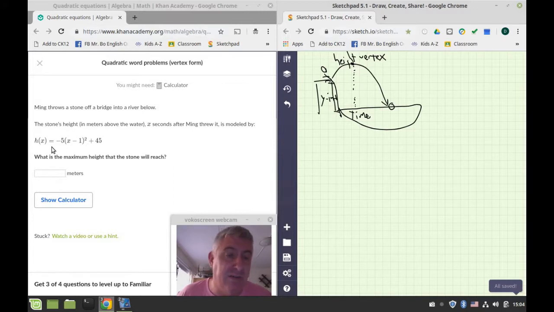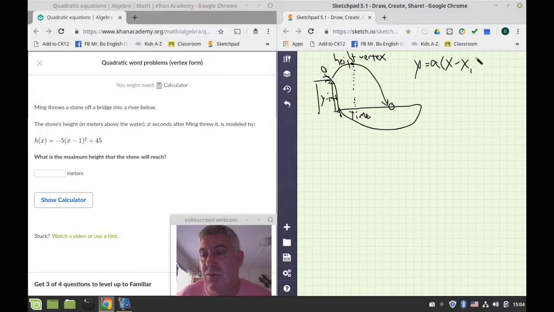Okay, so we've got a vertex form already. So this is actually a question about where the vertex is. What is the y for the vertex? And you'll remember the vertex form looks like y equals a times (x minus x1) squared plus y1, where x1, y1 is the vertex.